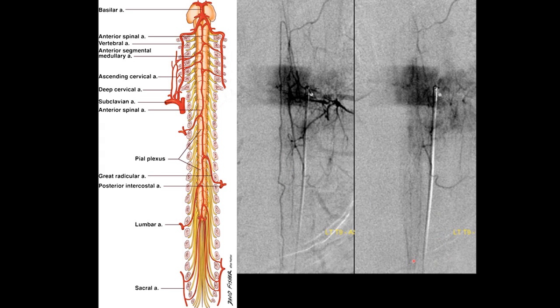And you see how in the capillary phase there is some blush along the expected location of the spinal cord. You can also appreciate now the blush of the vertebral body, because the segmental artery that we inject is also the same segmental artery that provides flow to the bone.